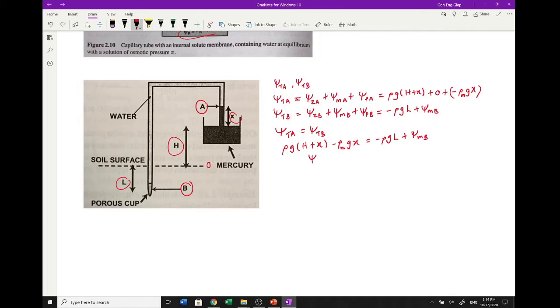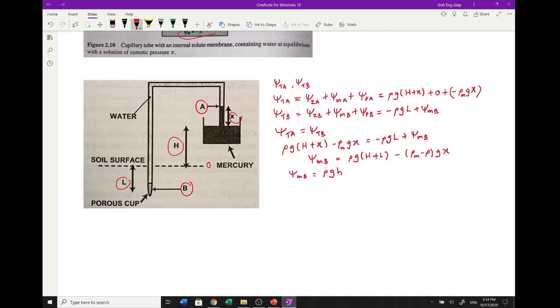So we rearrange the equation, and then we can take the matric potential as rho g h.